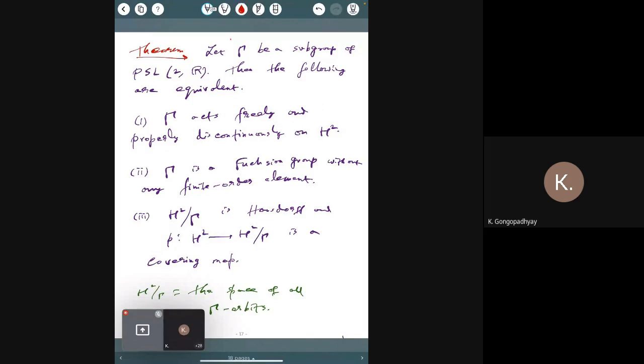So you see, the aim of these lectures is to give you a quick introduction to the Teichmuller space, right? But so far I have not spoken anything about the Teichmuller space. So today, this is lecture 8.